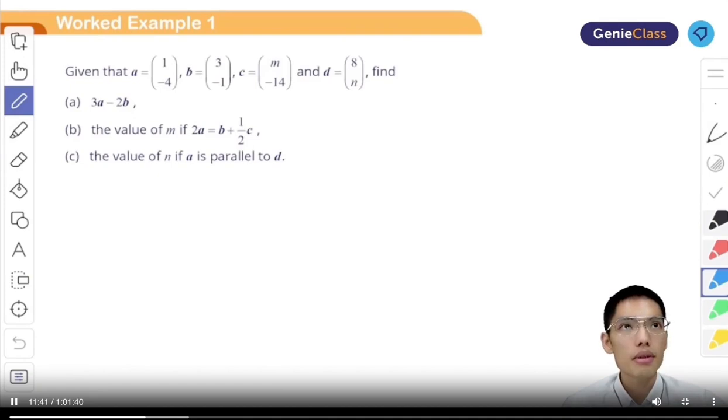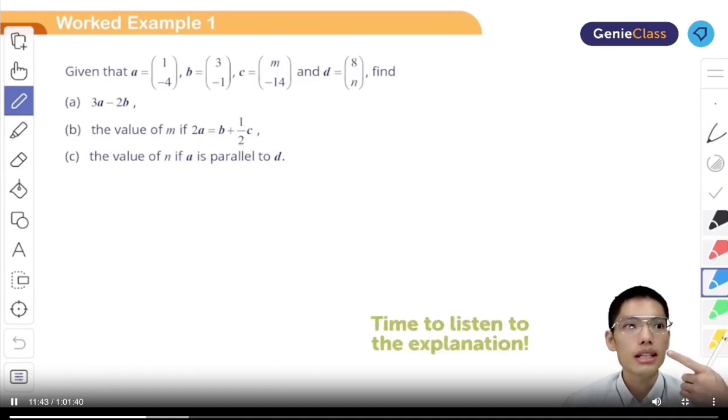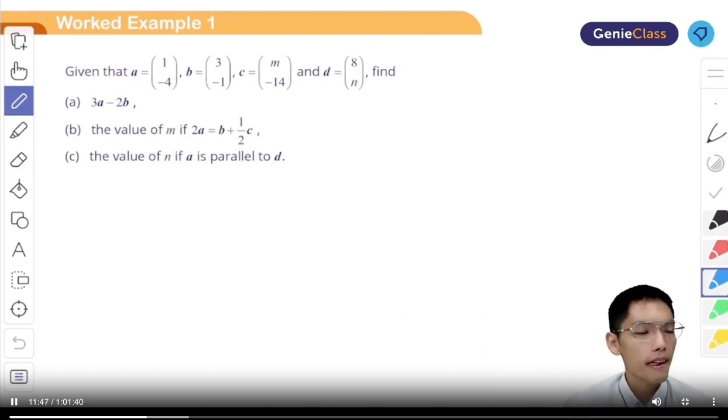Now from here, it's very important to listen to my explanation. Yeah, that is right, Fion. In this case, when I factor out certain things, you realize the ones in the brackets actually follow up to another vector over here. So that's why it's parallel.